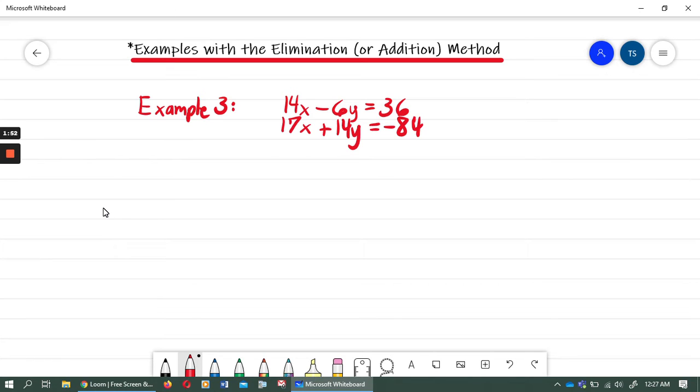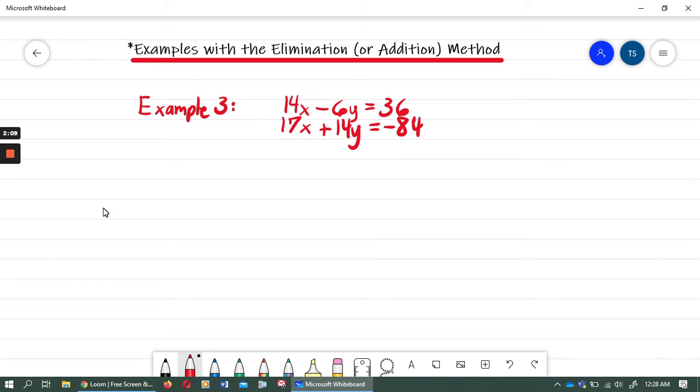In example 2, we had it where the coefficients of one of the variables were set up so that one of those coefficients was a multiple of the other one.